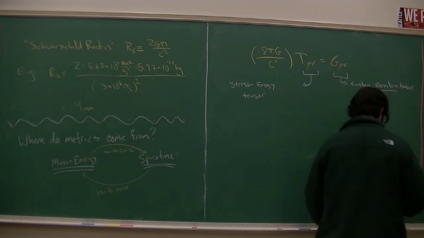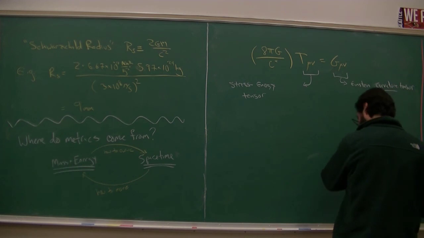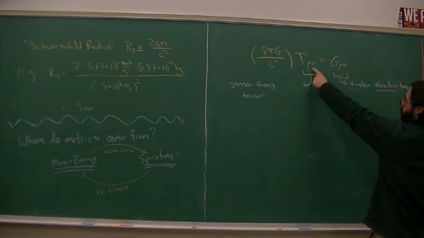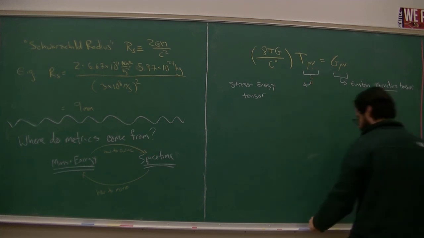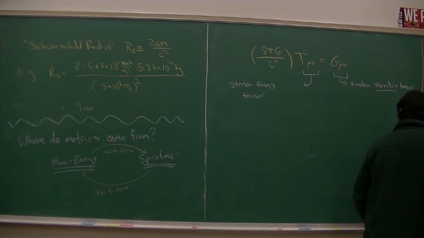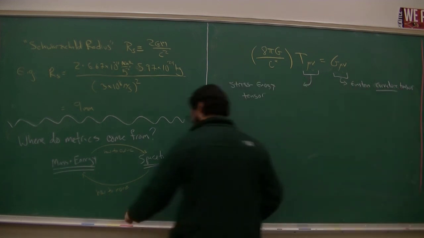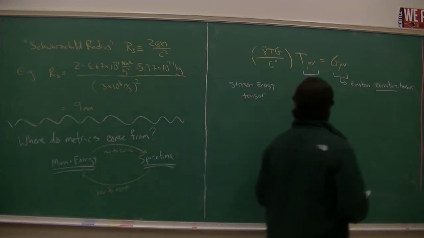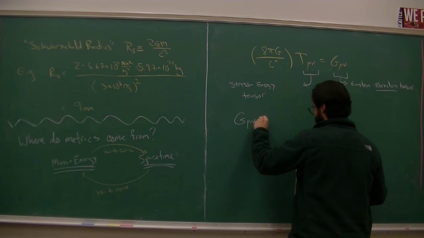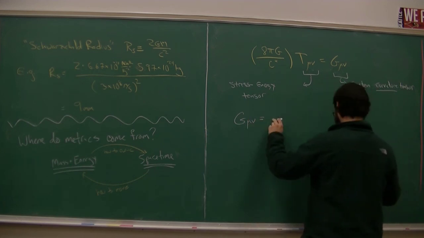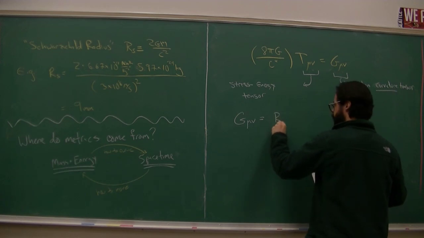I'll write this so we don't have to define it again. We've talked a little bit about what this is. We actually know what it is in 3D. We haven't talked about the space-time component yet, but that's pretty easy. Let me unravel this so you can see the piece you're going to deal with on the homework. So G mu nu is equal to, let me rewrite it in the nice way, R mu nu.